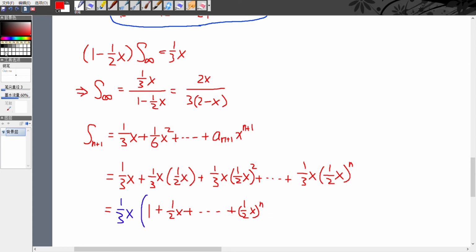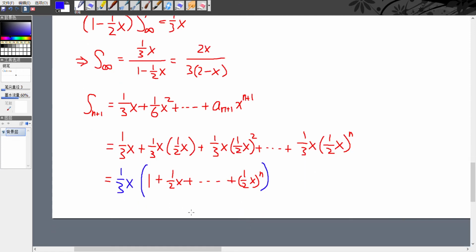And this is not very difficult now, because this equals 1 over 3x times 1 minus x over 2 plus 1 over 1 minus x over 2.